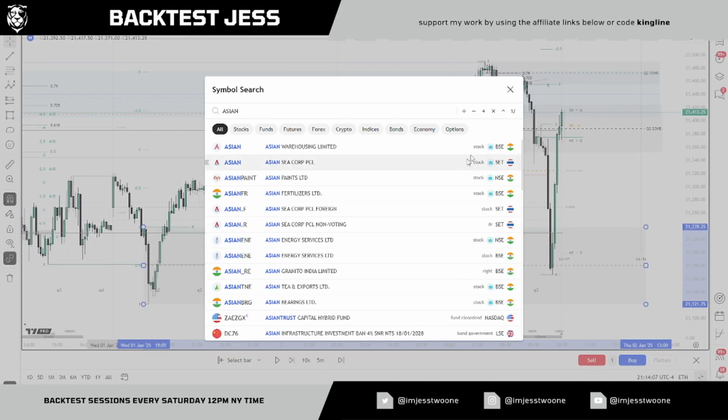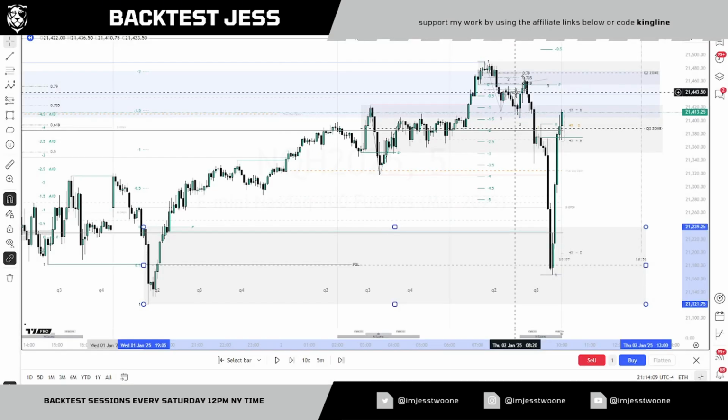But when looking at a change of state delivery, use wicks or bodies? We use wicks. Yes, close above it. Close above the wicks.